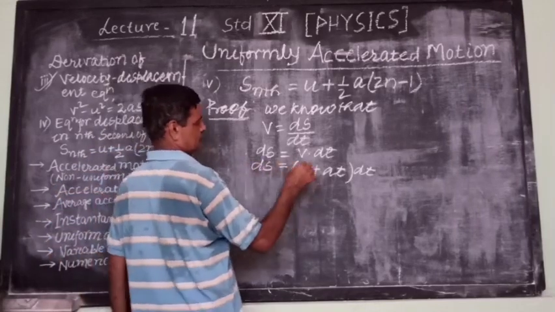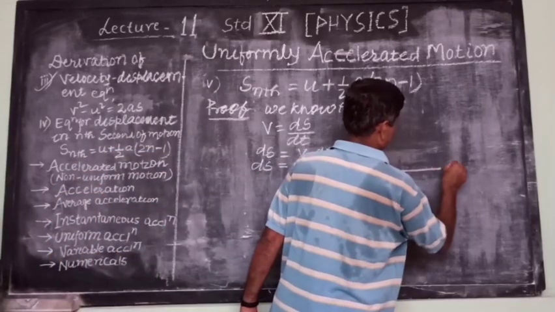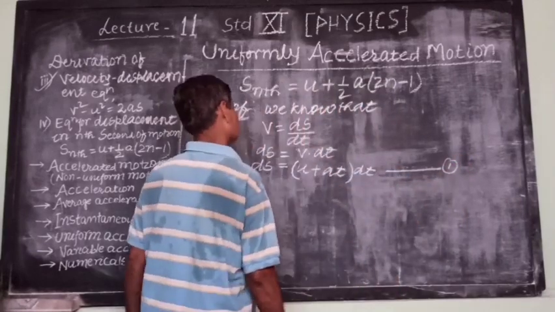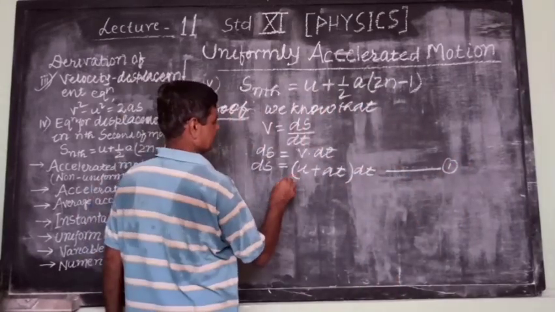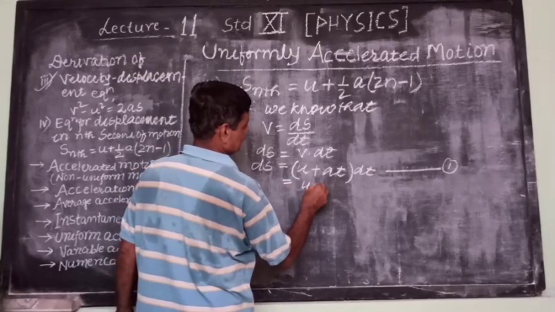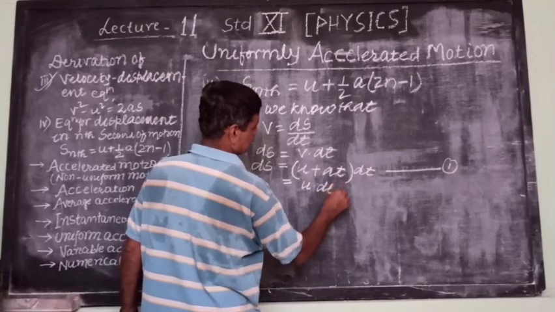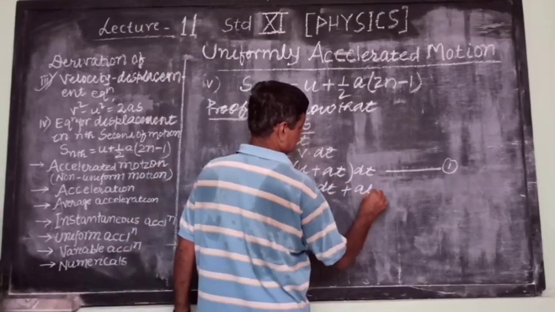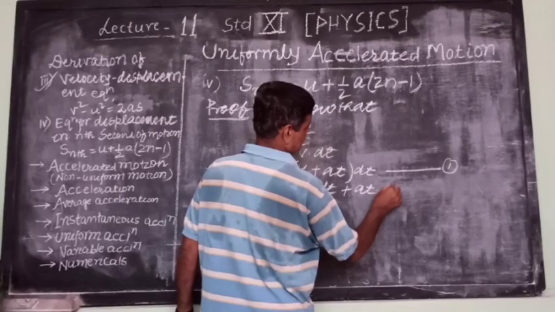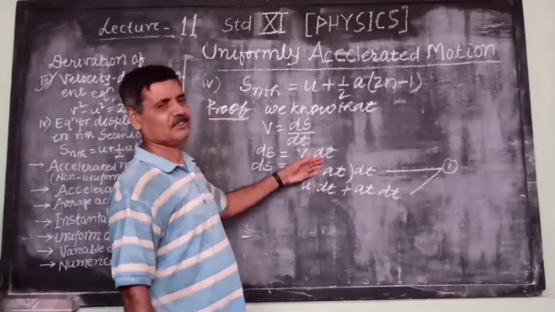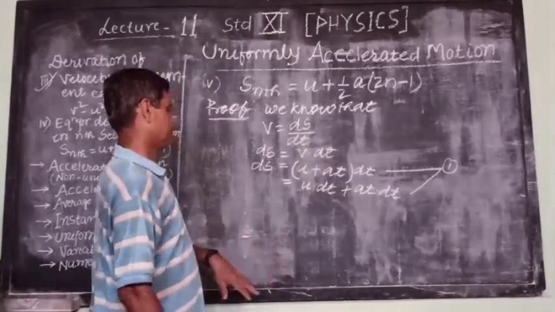Now this is your equation number 1. You can also write it in this form, u into dt plus at into dt. Same equation, either in this form or this form.